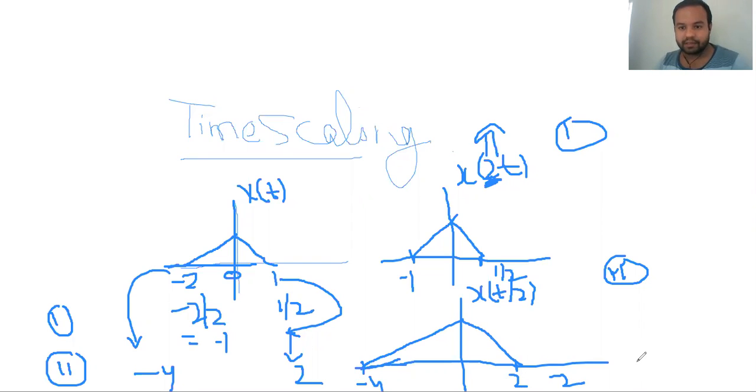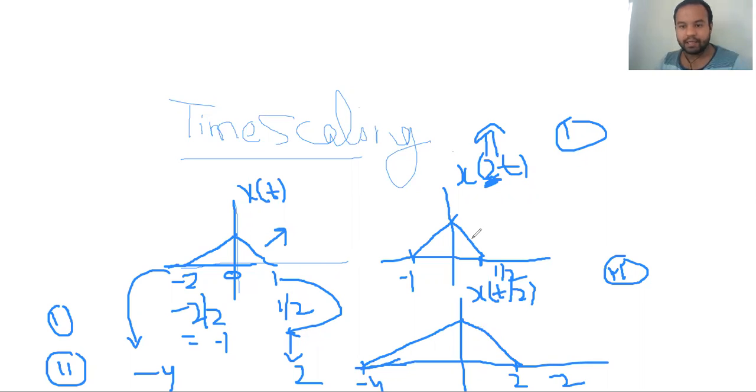Let us summarize. First of all, whatever number by which you scale the time, you divide the coordinates by that number, and whatever result comes is the coordinate of the scaled graph.